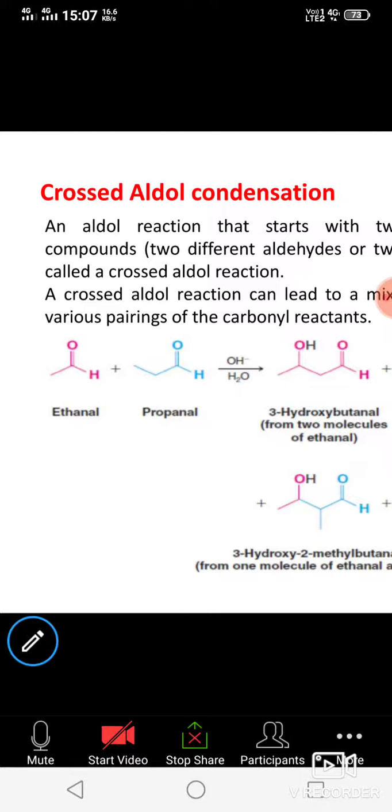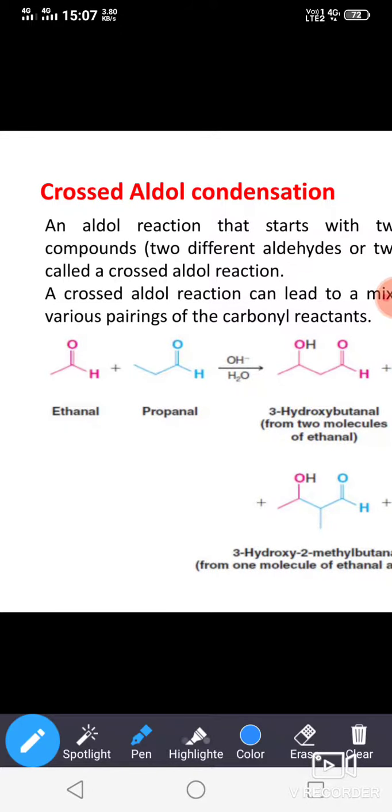Now in this case, this ethanal, as it has alpha hydrogen, can undergo the aldol condensation reaction by itself, and you will get this molecule, 3-hydroxybutanal.